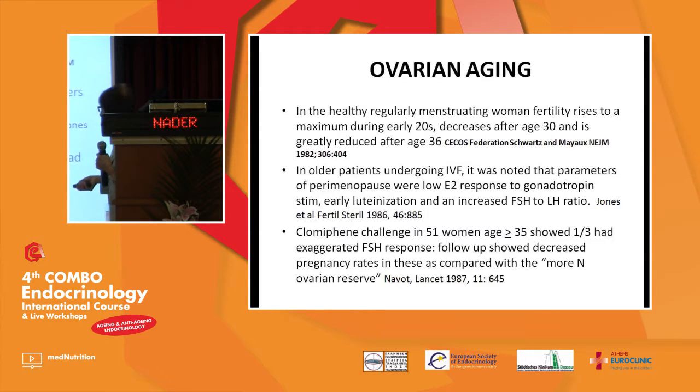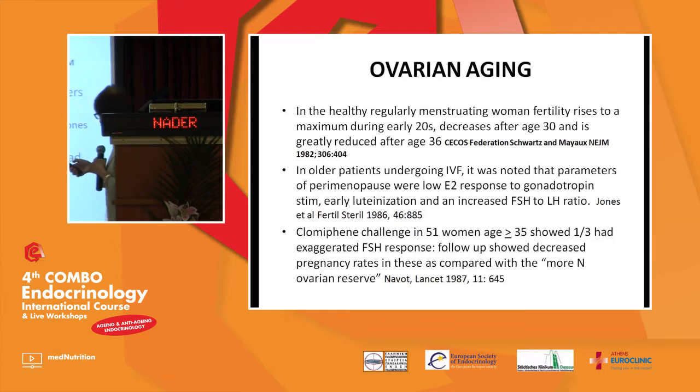And the following year, Dr. Navot published this paper about the clomiphene challenge. The argument was as follows. We know that clomiphene is an anti-estrogen. It stimulates the hypothalamic GnRH pulsatility, favoring the production of both LH and FSH. And Dr. Navot argued that maybe we could emphasize these differences between the younger women and the older women if we gave them clomiphene.